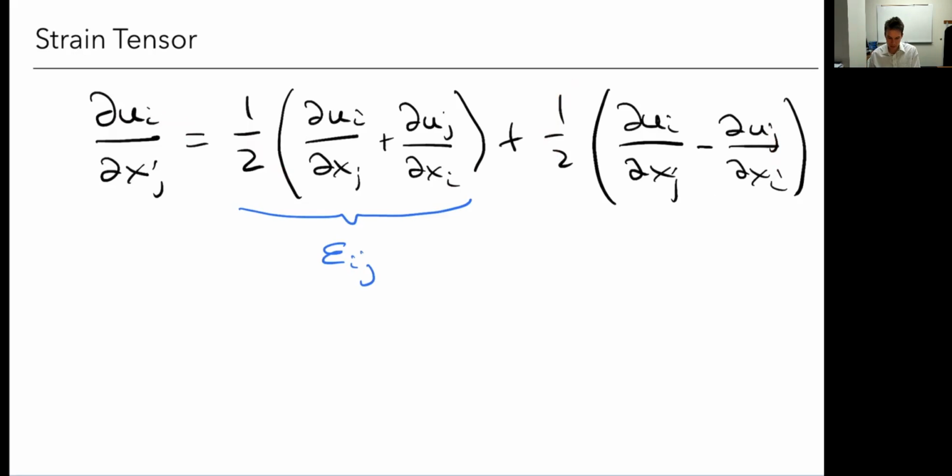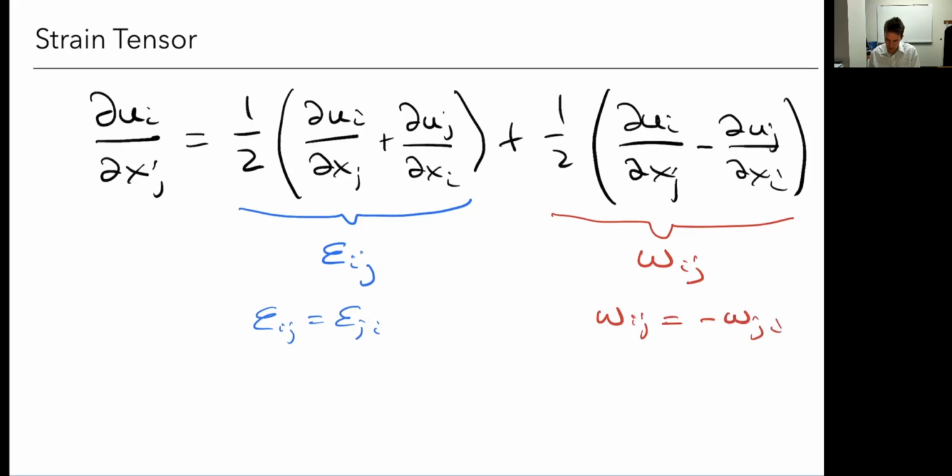This is what we call the strain tensor, the strain rate tensor. It is symmetric, and symmetric means that I could switch the order here. The other component here is called the vorticity tensor, and it is antisymmetric. Antisymmetric means that if I switch the indices, I get a negative sign.